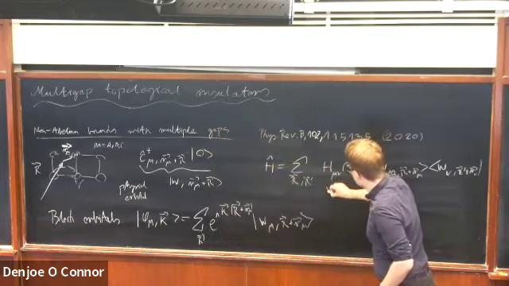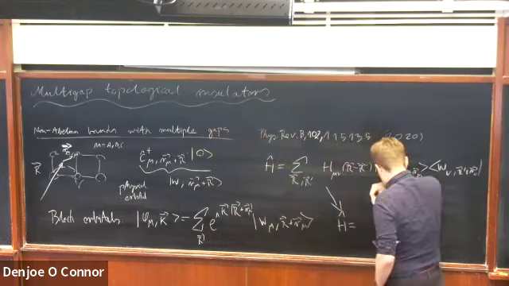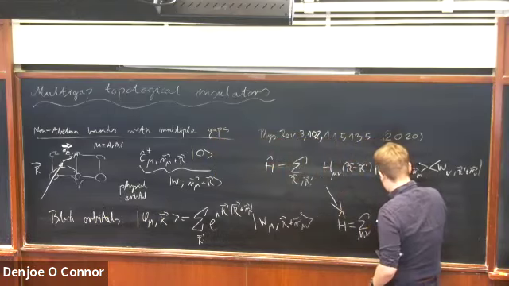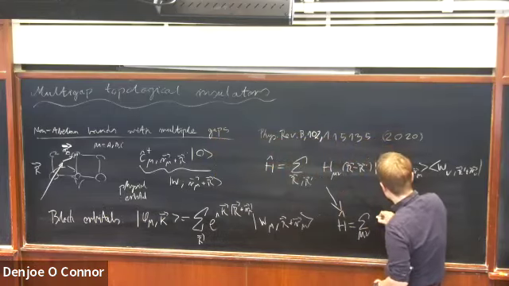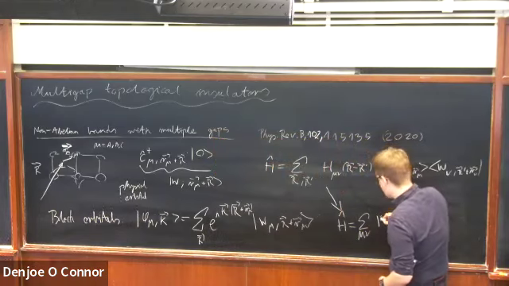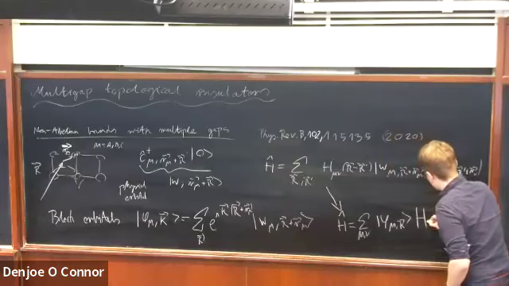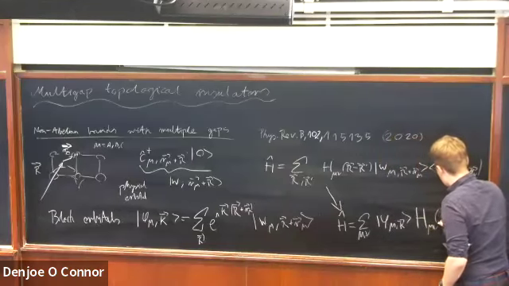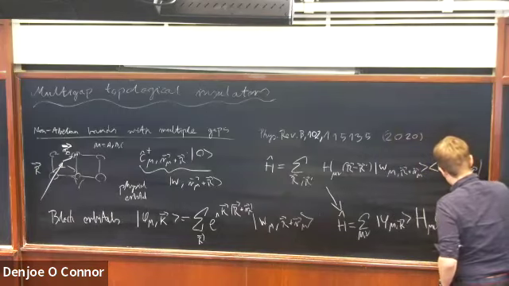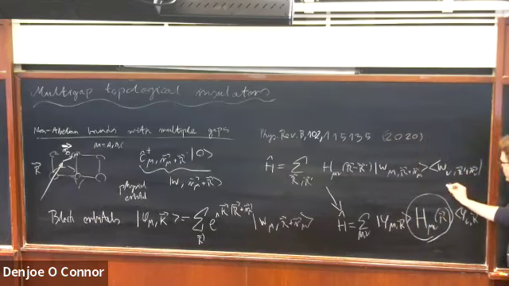Okay. And on changing the basis, our translation-symmetric Hamiltonian can be written in terms of the Bloch orbitals as follows. Okay, where this is our Bloch Hamiltonian.